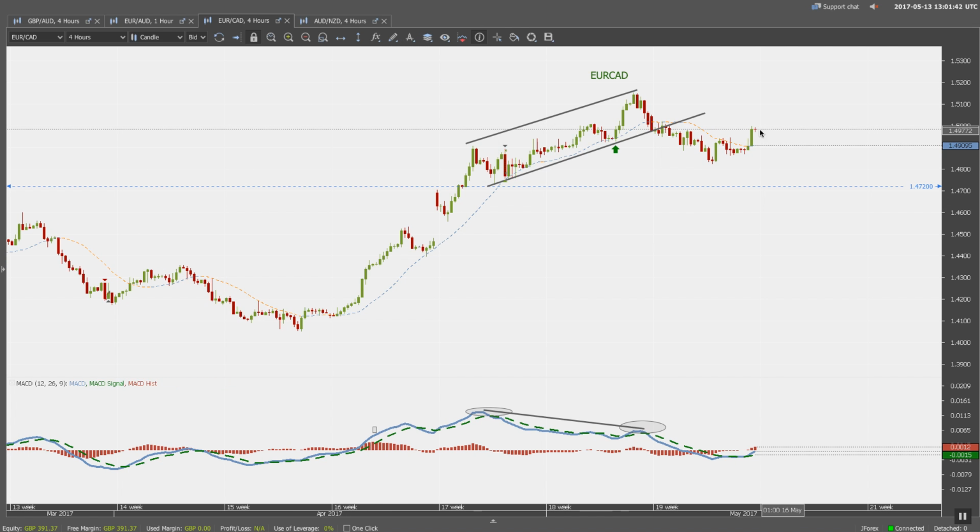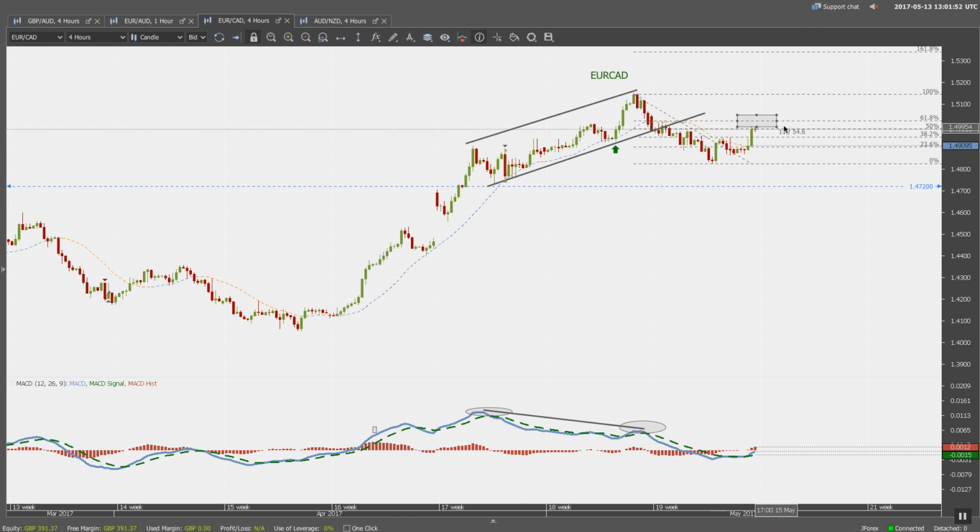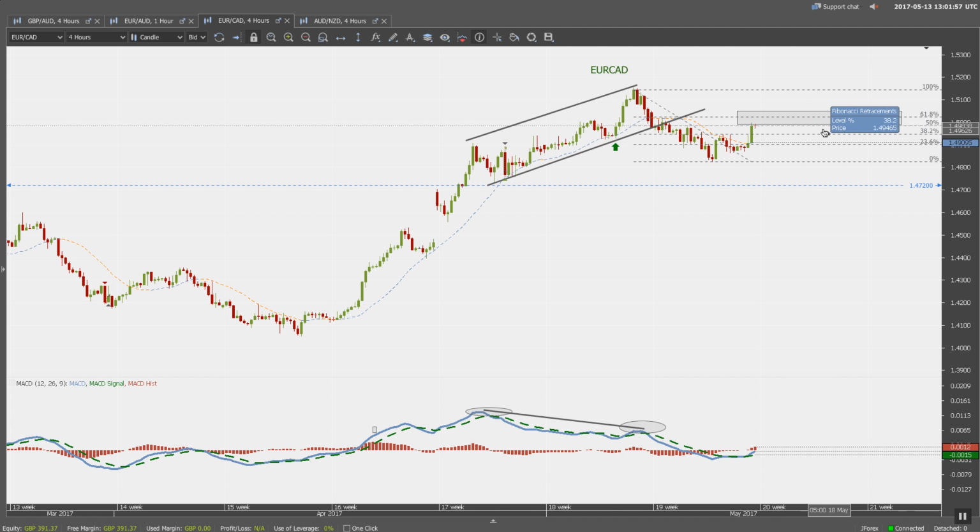So we take our Fibonacci tool, draw it from the swing high to the swing low, and that's our area of resistance. We're hoping that most likely price is going to react to the 61% retracement level, and you'll see a candlestick pattern, maybe a hammer, an inside bar, tweezer tops, any reversal candle on the 1 hour, on the 4-hour chart, and then you can scroll down to the 1-hour chart for your entries.